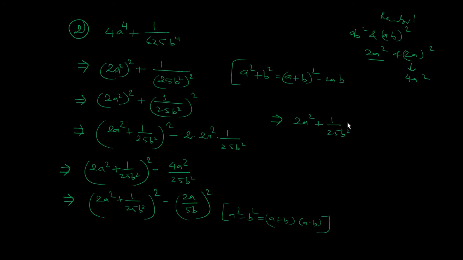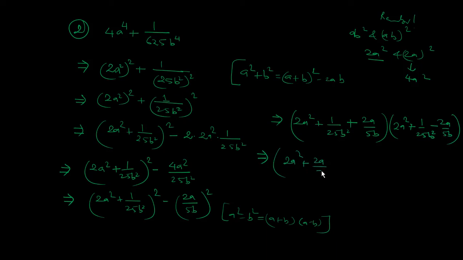Simply apply (a plus b)(a minus b). So this is (2a square plus 1 by 25b square plus 2a by 5b) times (2a square plus 1 by 25b square minus 2a by 5b).